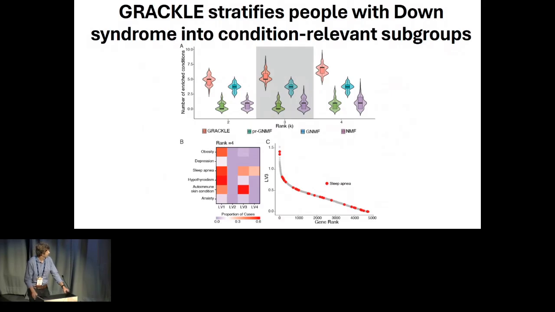So an example is in B and C, we saw that latent variable 3 had higher proportions of sleep apnea, and that the second and third highest loading genes were previously related to sleep apnea in the Human Phenotype Ontology.